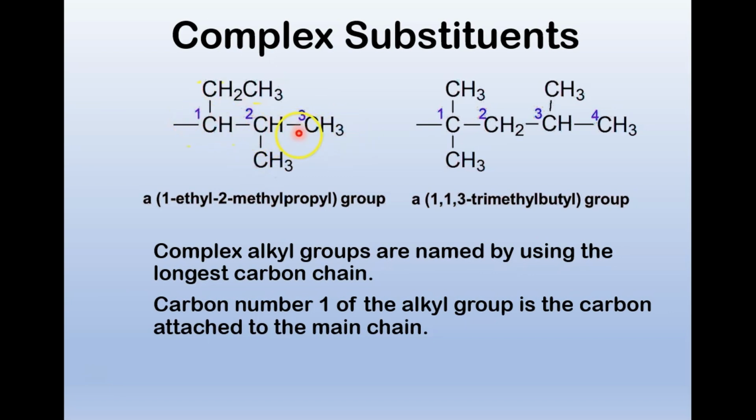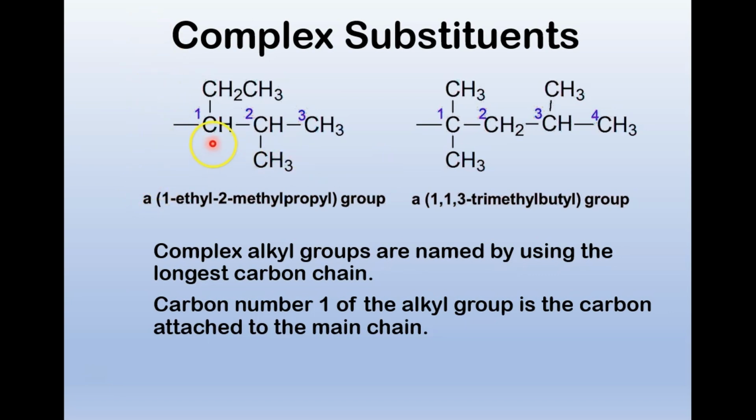I'm going to have a methyl group on the number 2 carbon, and an ethyl group on the number 1 carbon. It says here complex alkyl groups are named by using the longest carbon chain, and carbon number 1 is always the one connected to the other piece of the molecule. We had a big carbon chain out here and this thing was attached.